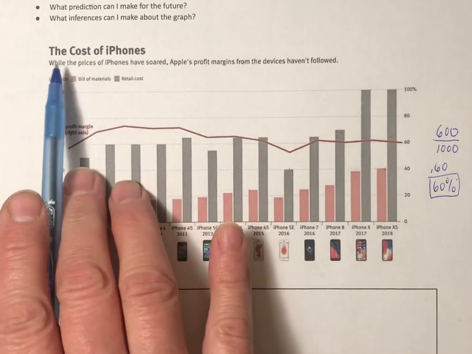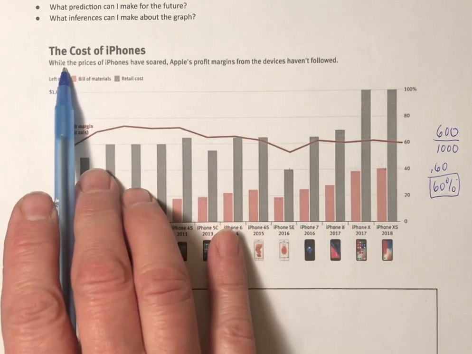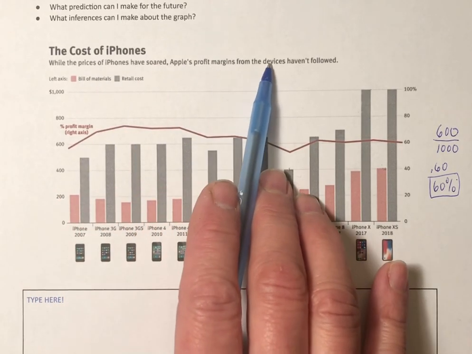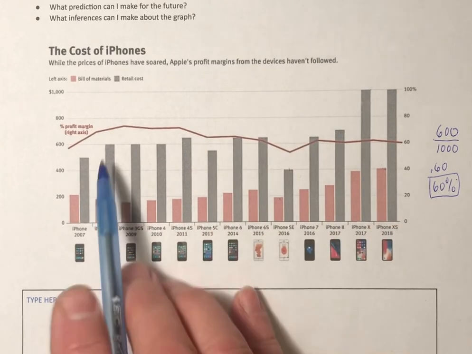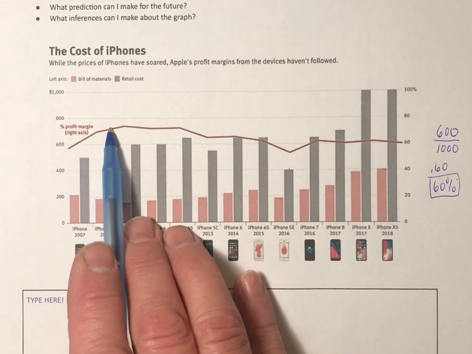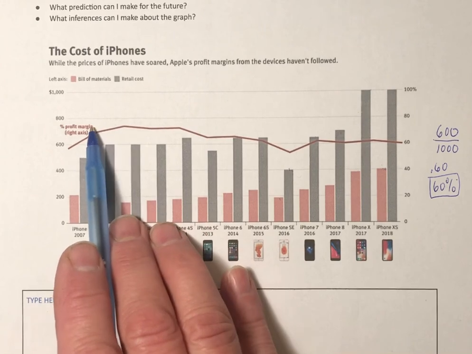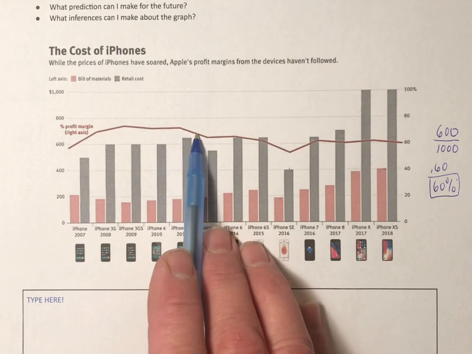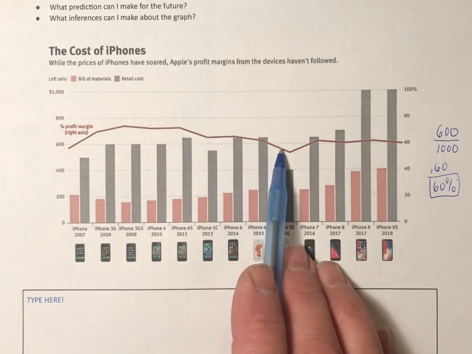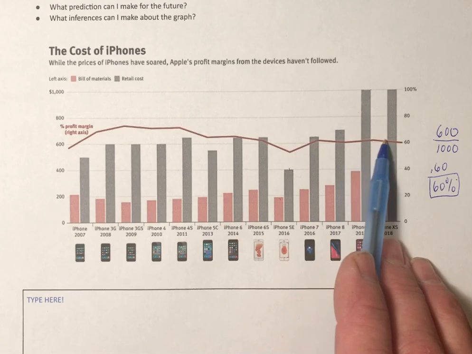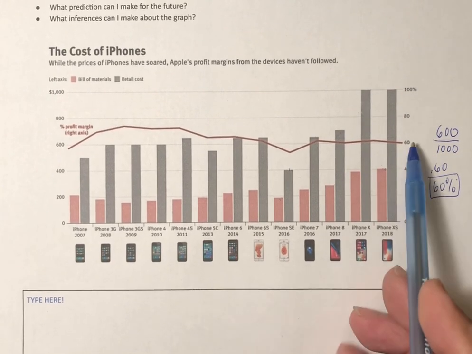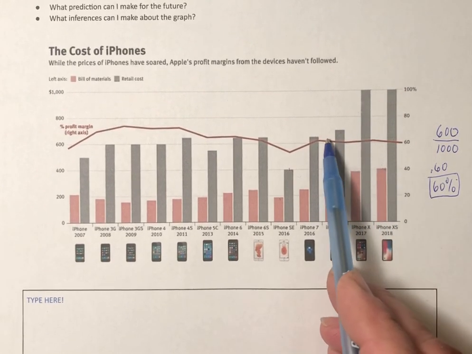Now, the graph here, notice what it says: while the prices of iPhones have soared, Apple's profit margins from the devices haven't followed. You can see how the profit margin was almost up to 80%, and then it dropped off, leveled off, dropped, and then really leveled off. So even though phones are getting much more expensive, the profit margin really has stayed right around 60%.